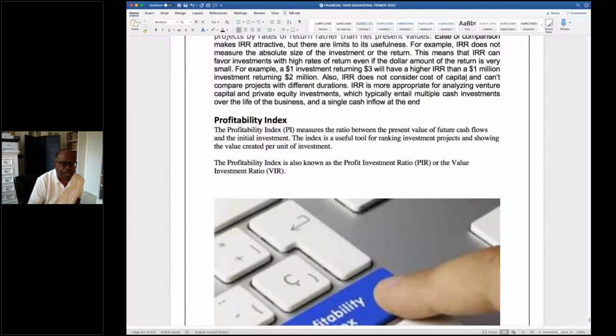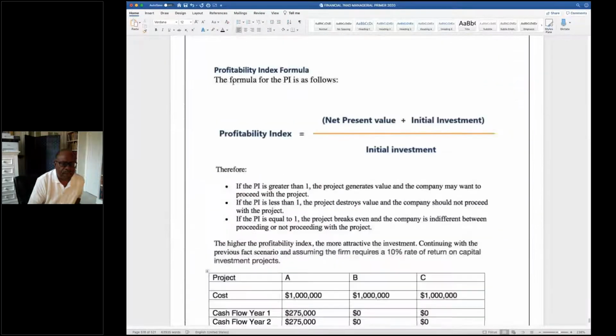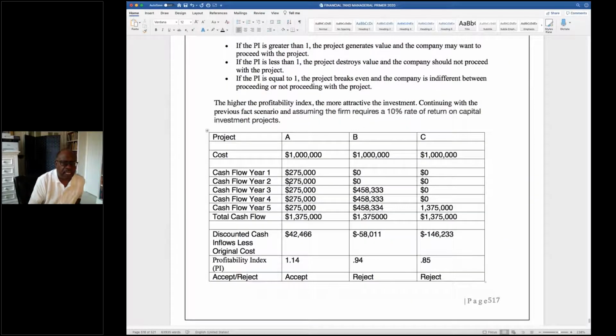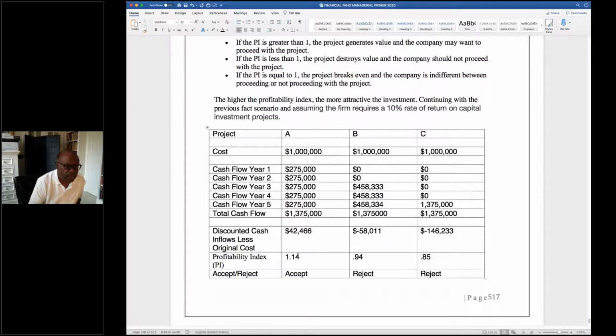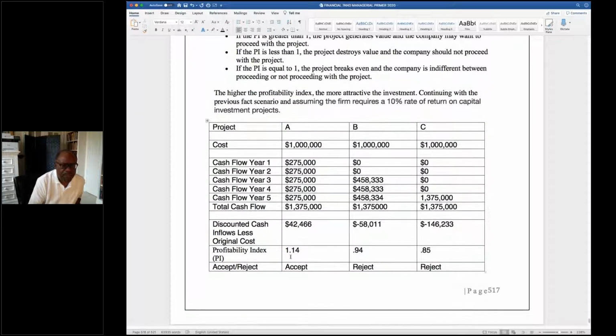And finally, the profitability index is looking at those cash values again, but dividing them by $1 million plus the amount of the cash value and coming up with an index around 1. People just feel, well, I can do it better looking at 1 rather than just blank dollars, looking at these amounts in terms of accept, reject, reject.